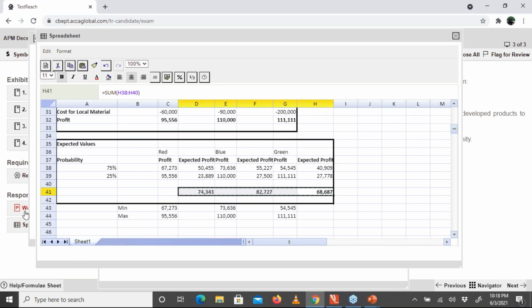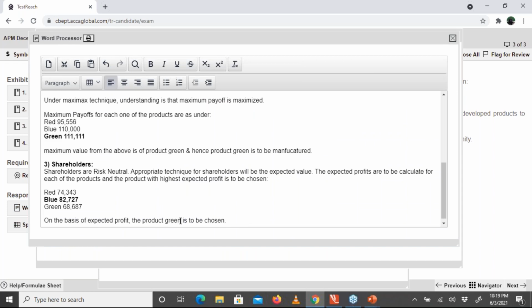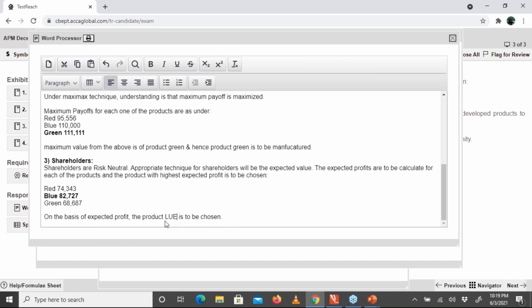Sorry. Just wait. I think I made an error. The product blue has to be chosen.